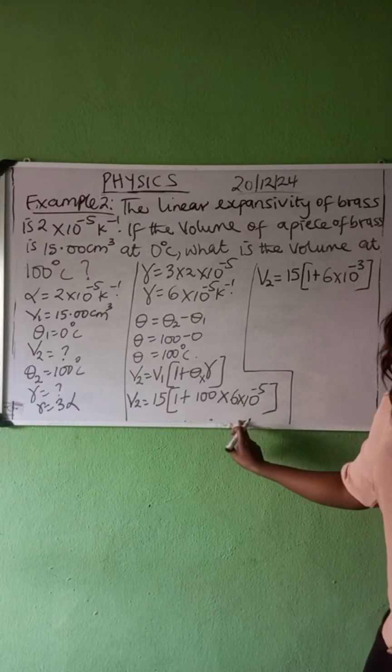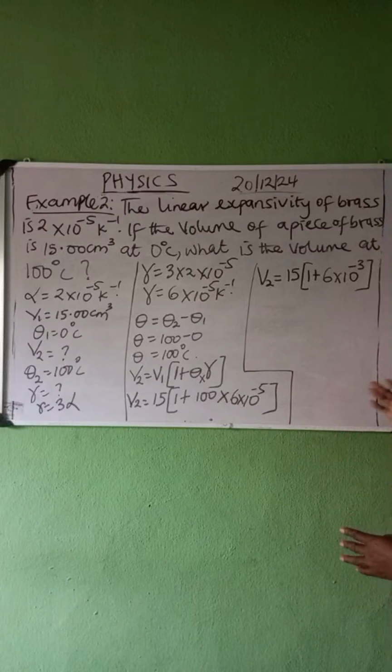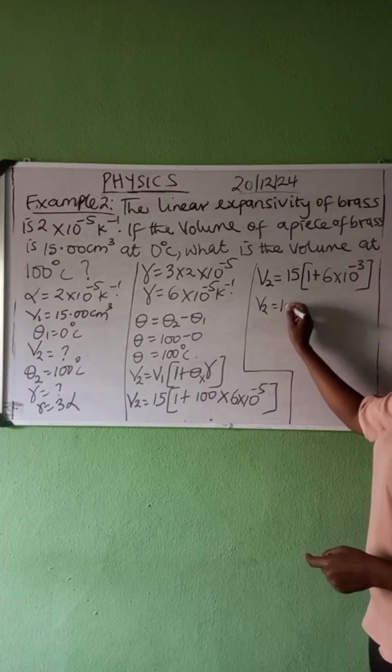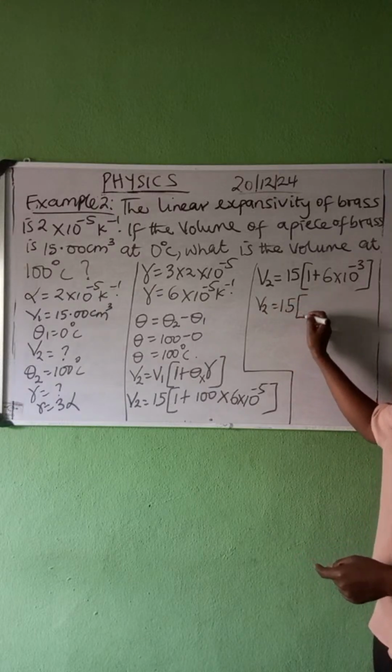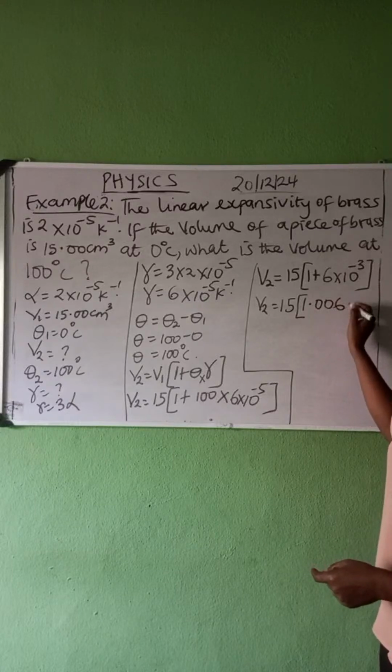That is, multiply 100 by this, and it's going to give me that. And the next thing I'm going to do is to add 1 to it. So V2 is equal to 15 bracket, and when you add 1, you're going to have 1.006.